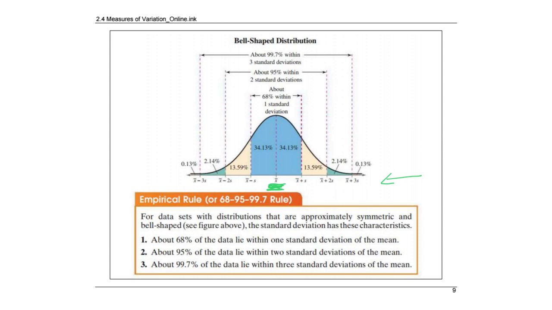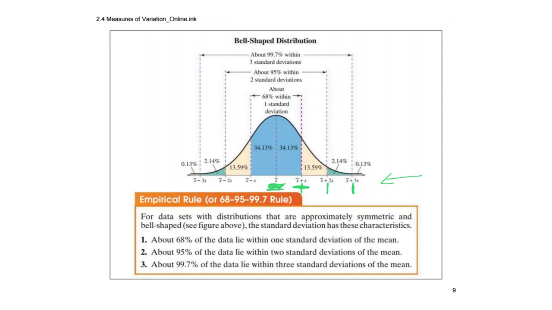And then what's going to happen is we're going to add the standard deviation. So if we add the standard deviation once, we come to this tick mark. If we add the standard deviation again, we come to this tick mark. And then if we add it again, we go to this tick mark. Okay, so we're adding a standard deviation each time.